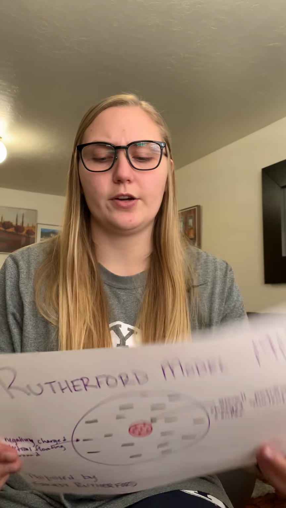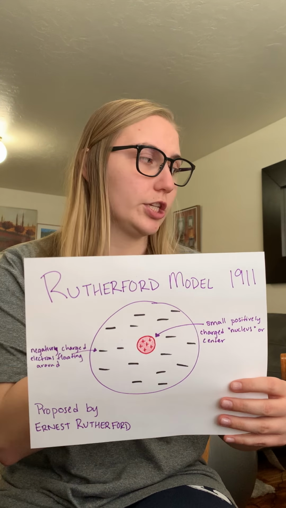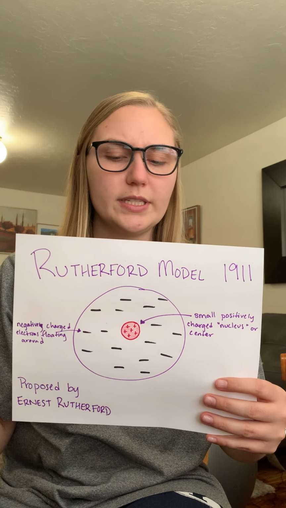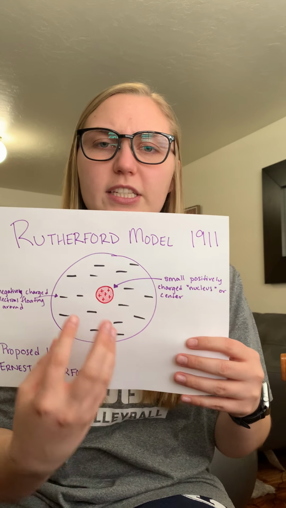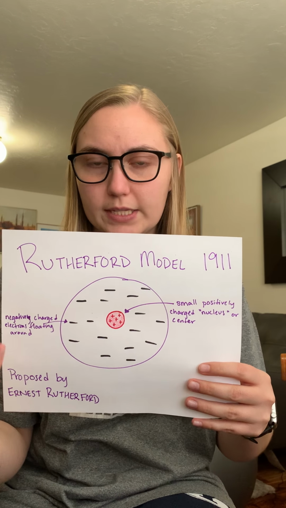In 1911, Rutherford came out, and using the information that J.J. Thomson had put into place, Ernest Rutherford said, I think it's a little bit off. What he came up with was the idea that there is a positively charged central area, which we now call the nucleus.